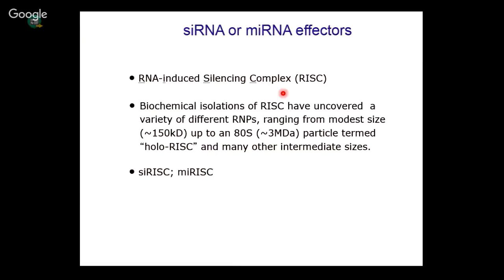So it implied that in the cell, in different situations or different compartments, the RISC-interacting proteins and complexes are different, and they could exchange their interacting partners for specific functions. However, based on the small RNA associated on the RISC, we just simplify it as siRISC or microRISC based on the small RNA associated on it.